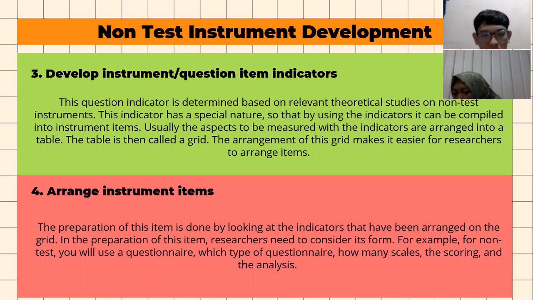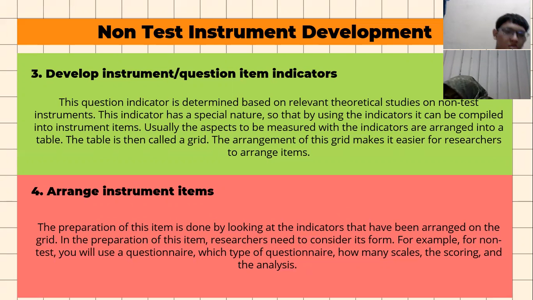This indicator has a special nature, so that by using the indicators, it can be compiled into instrument items. Usually, the aspects to be measured with indicators are arranged into a table. The table is then called a grid. The arrangement of this grid makes it easier for researchers to arrange items.